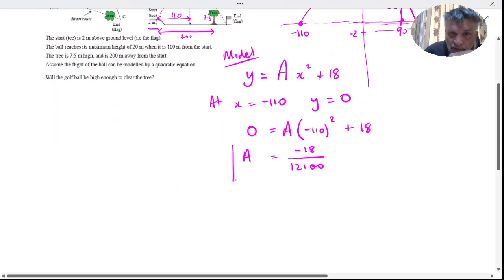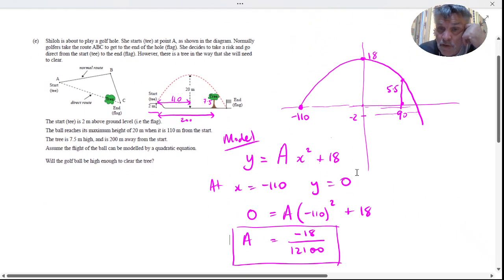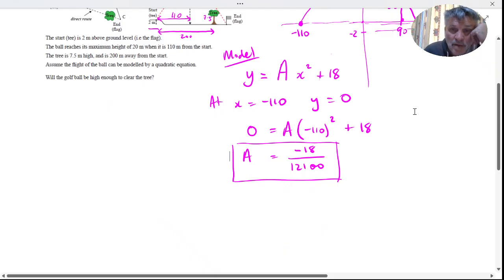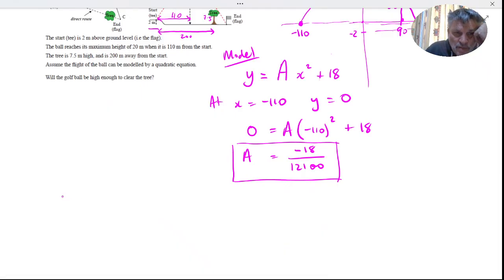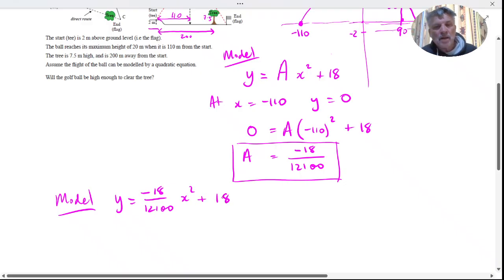Now you can get a decimal value if you want, but it is negative as we expect, and this will be an equation for our parabola. So our model has become y equals minus 18 over 12100 x squared plus 18.